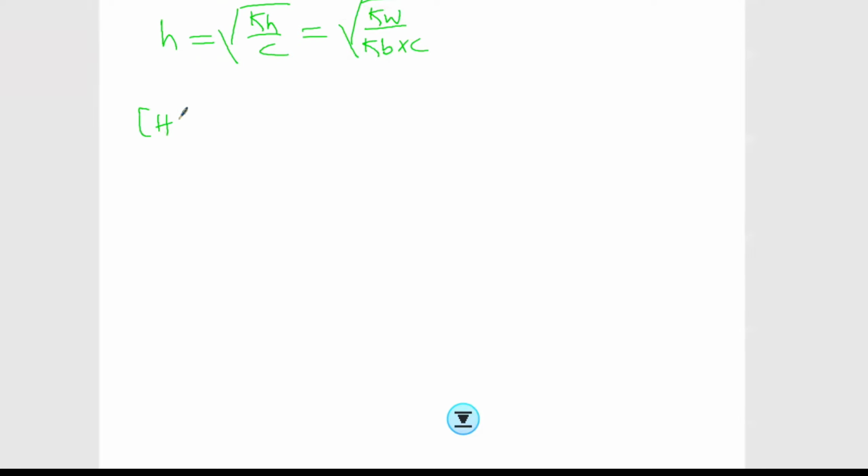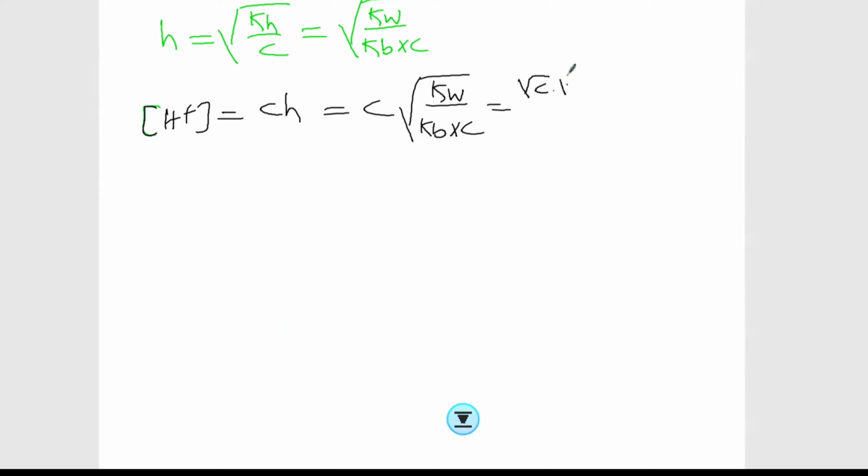The concentration of H plus will be equal to C into h, and h is root of Kw by Kb into C. Now I can write C as root C into root C. Root C whole square is C, and I am splitting root Kb into root C, so root C gets cancelled.